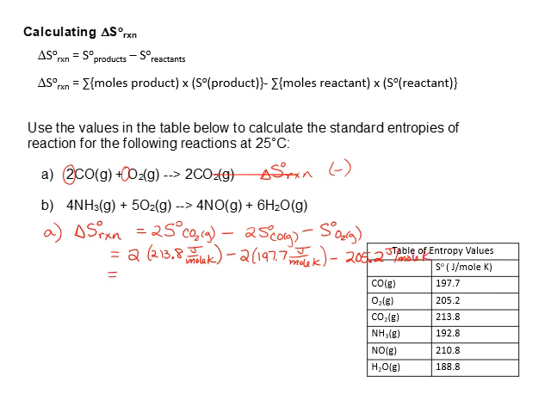And adding all of those up, we get minus 173 joules per mole Kelvin, which is in fact a negative number.